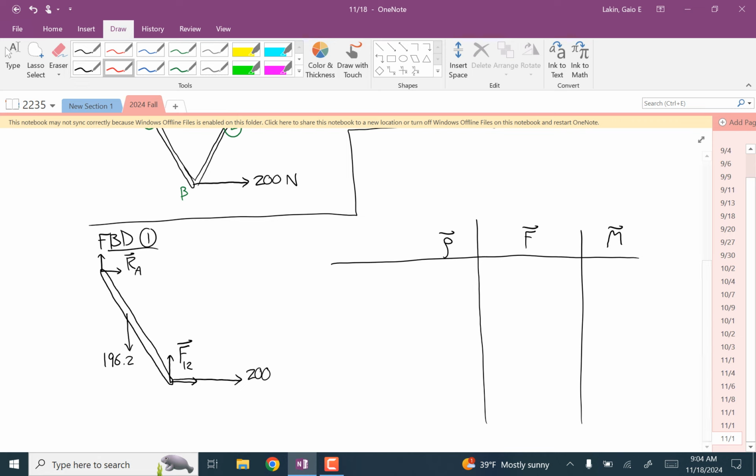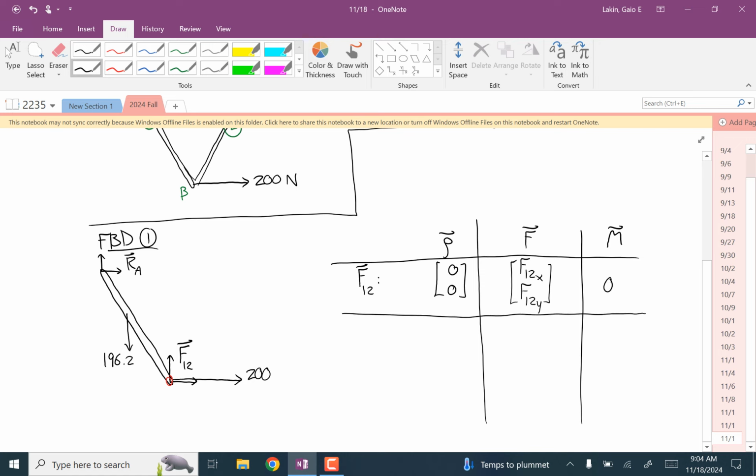I'll put my about point down here. So F12 has a row vector of 0. The force is F12x, F12y, then 0. The 200 Newton force, row vector is 0. Force is 200, 0. Cross product is 0.